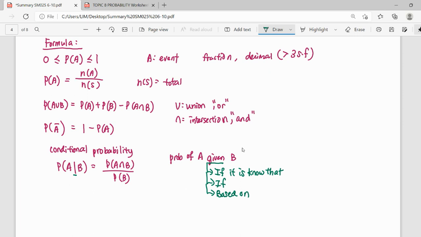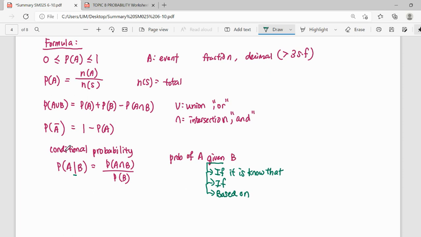"Given that" is more common, and "it is known that" is also common. "If" and "based on" are like a bit of hidden information. So probability A given B, B is known. That means something happens first. Your B happens first, then followed by your A.